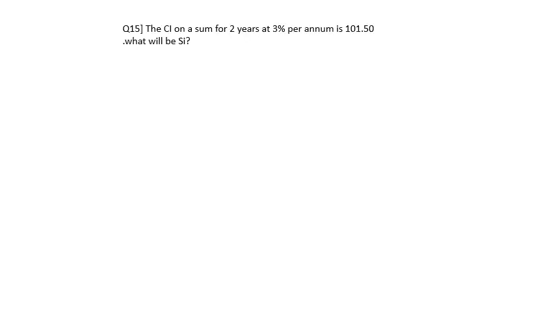Now moving to the next question. This is CI on a sum for 2 years at 3% per annum is this. Find the simple interest. Okay, how to solve this? For 3% rate, simple interest for 2 years will be 6%, because simple interest is the same every year.